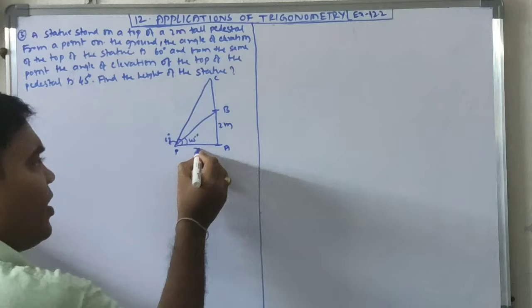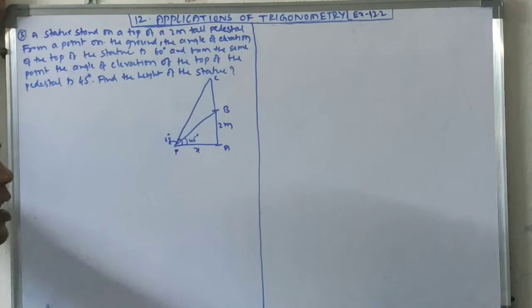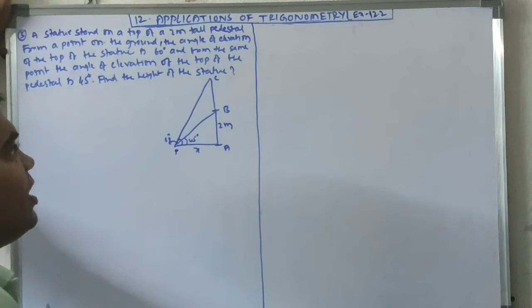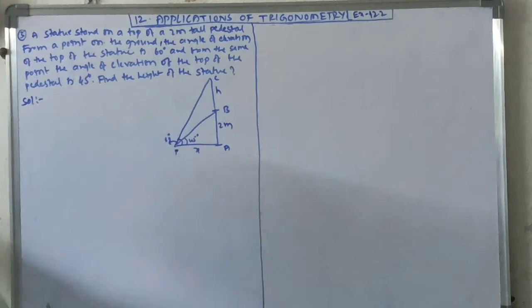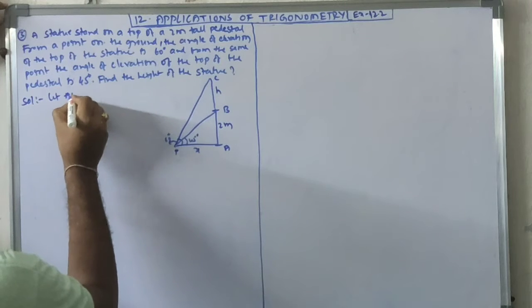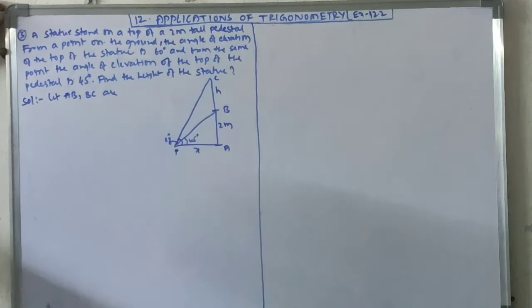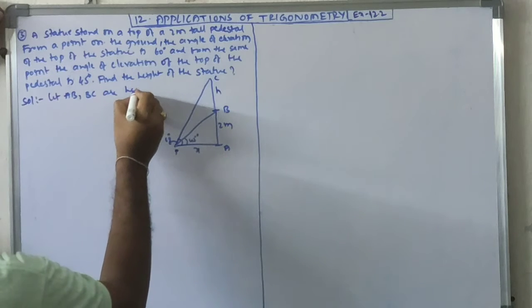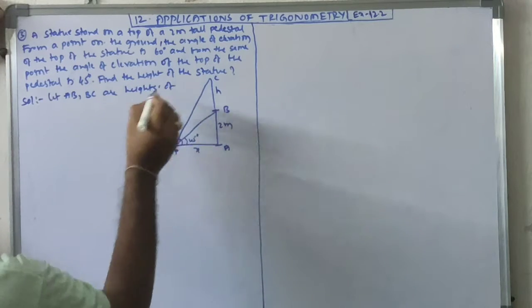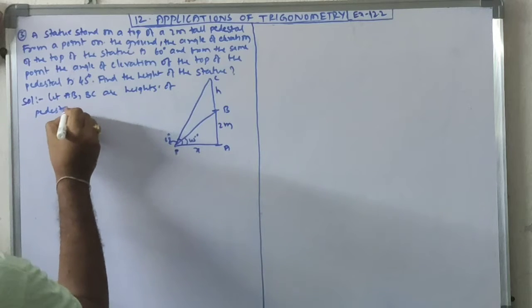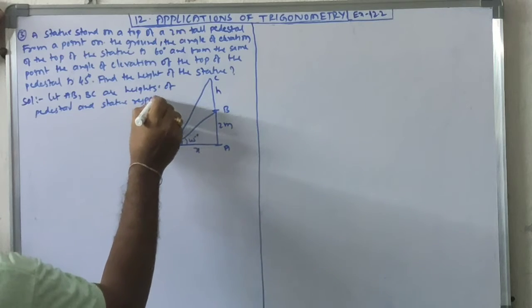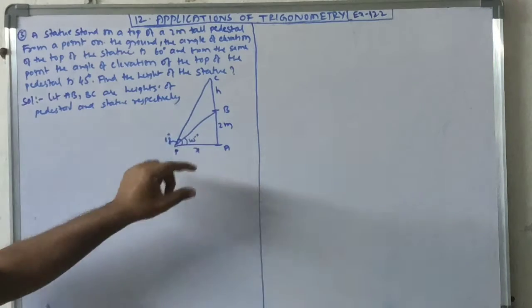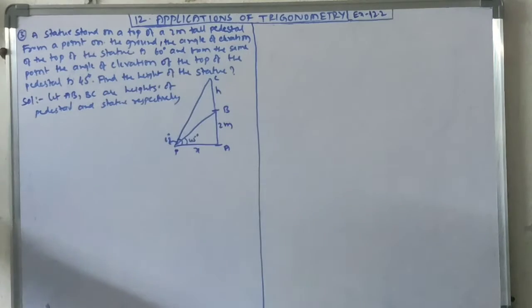Let us consider the distance between the foot of the pedestal and the point of observation equal to x, and the height of the statue equal to h. We need to find the h value. So, solution. Let AB, BC be the heights of the pedestal and statue respectively. So AB is the height of the pedestal, BC is the height of the statue.